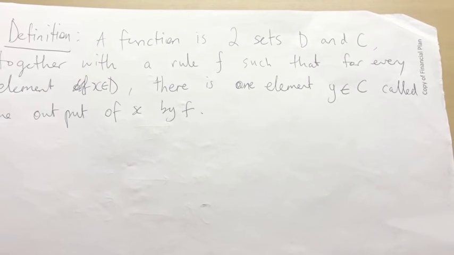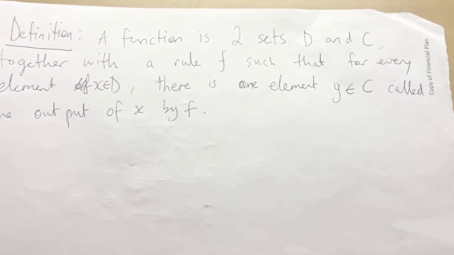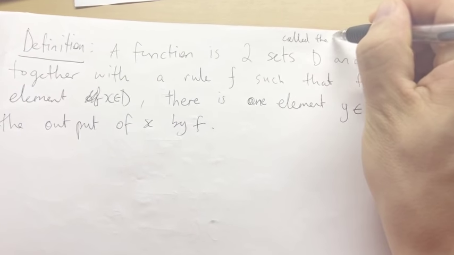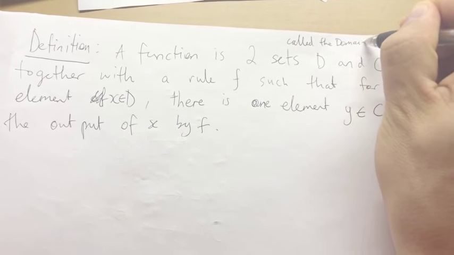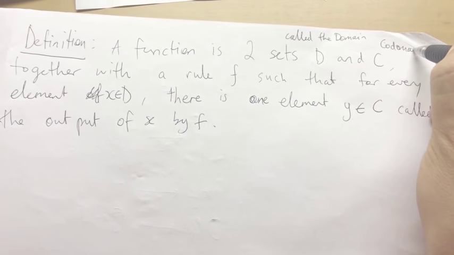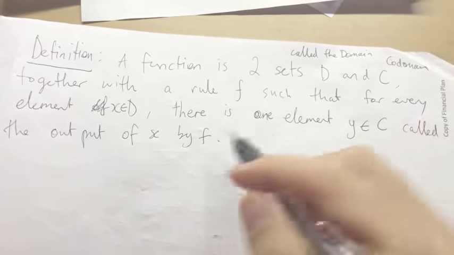Okay, so the set D is called the domain, C is called the codomain, and f is called the rule.